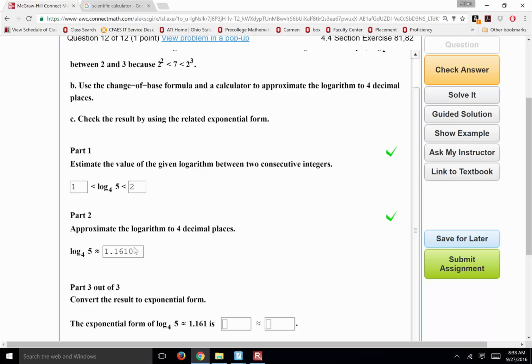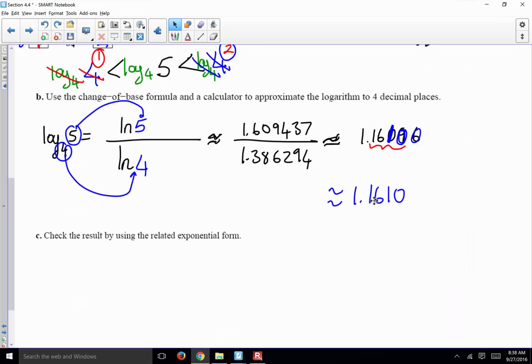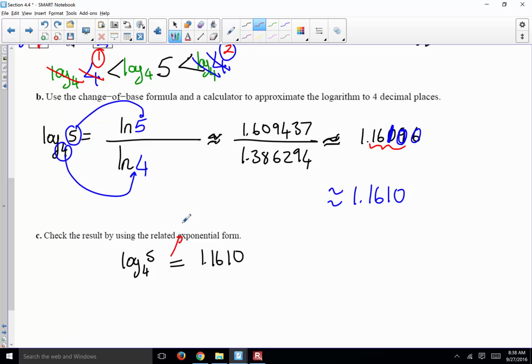But if you don't have a computer to make a green check mark, how would you test whether this answer is right or wrong? You're saying that logarithm base 4 of 5 is 1.1610. How do you know? How to make sure? They say you can make sure by converting this into exponential.